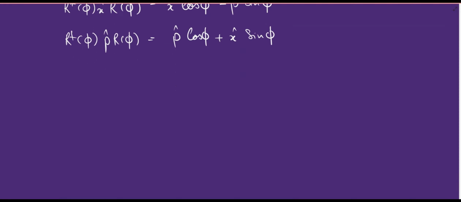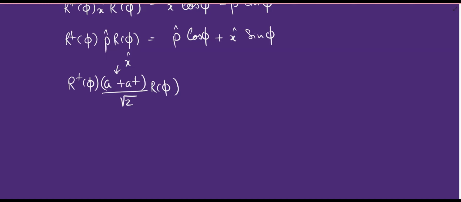Let us derive this identity. First one: this is nothing but R dagger(phi) (a plus a dagger) by root 2 into R(phi). I have written x cap here in some particular convention.